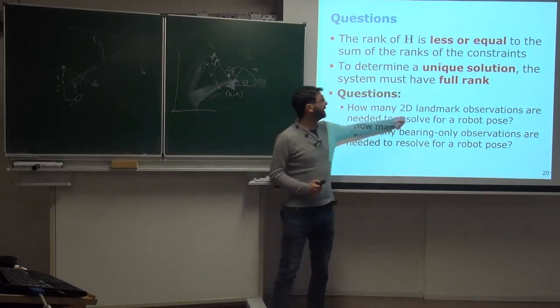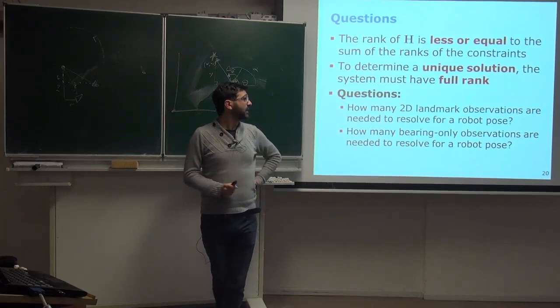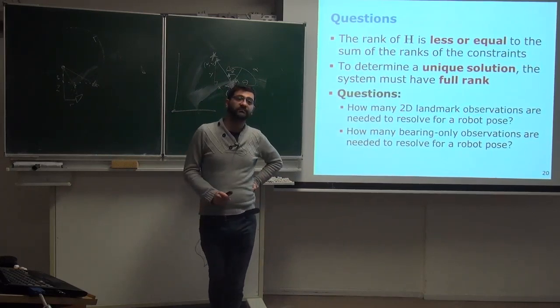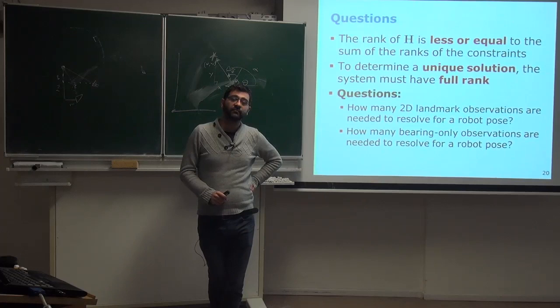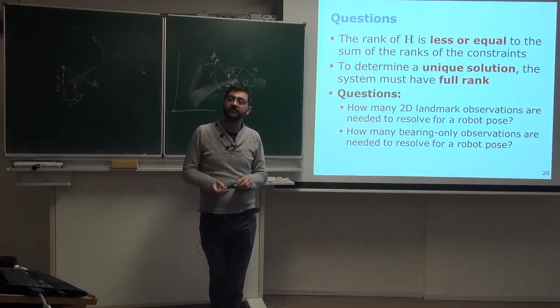But if we have only 2D landmark observations, how many landmarks do we need to find the robot pose? So we've seen that 1 is not enough, because with 1 we have a 1D solution space.